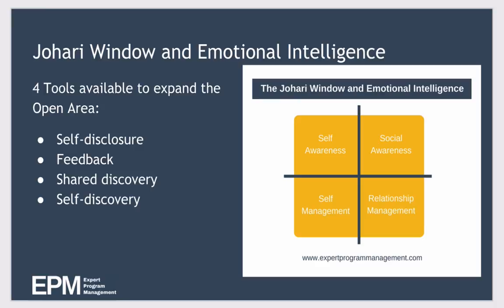As an example, if you realize that you are guarded in nature and therefore you have a large hidden area, then you could take steps to improve your self-management. Sometimes in emotional intelligence, that's known as self-regulation.